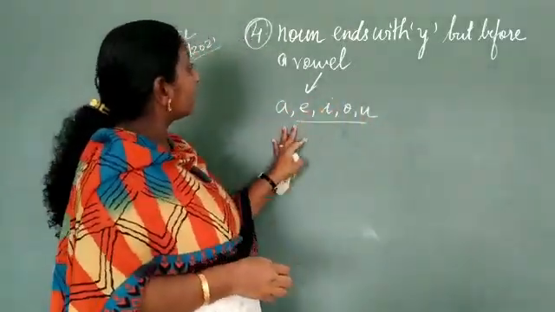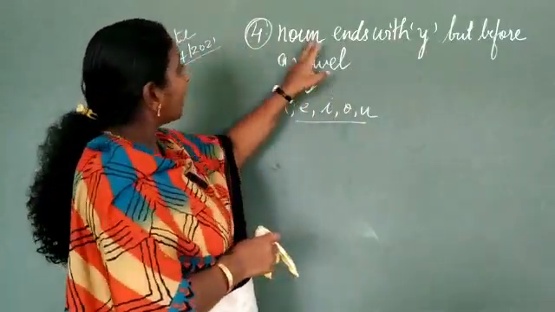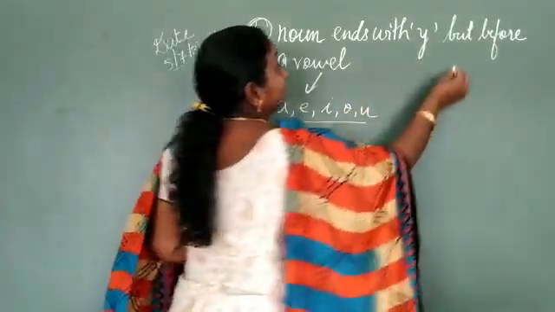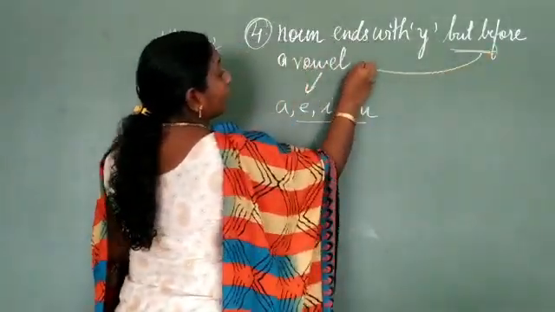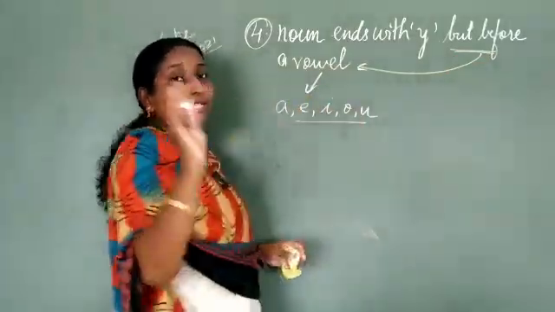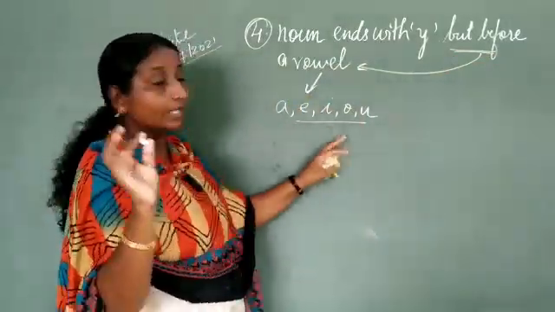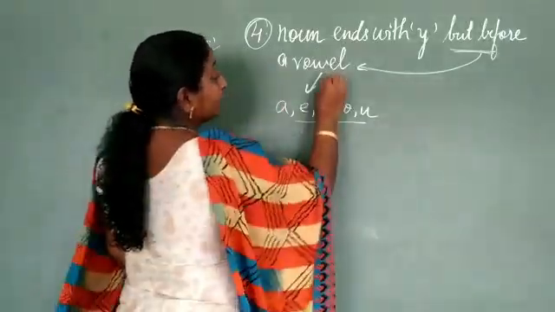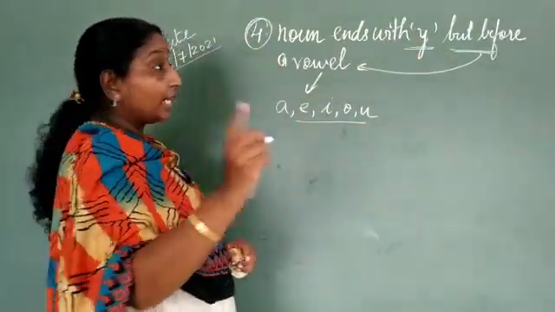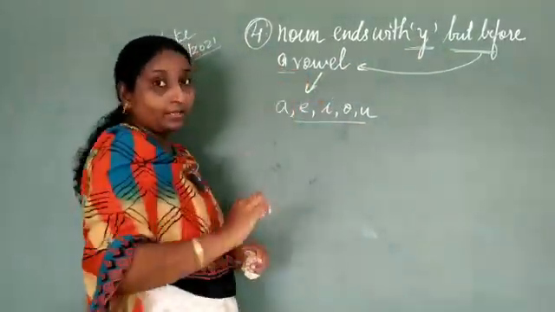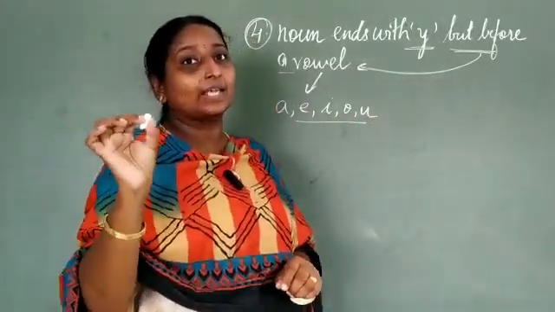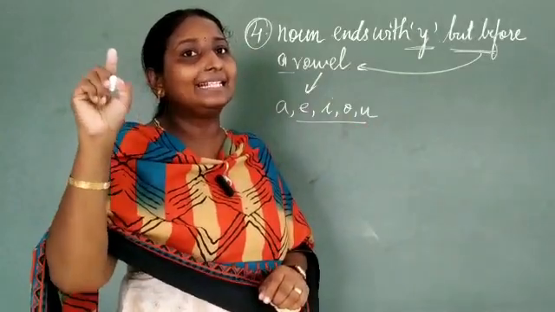A-E-I-O-U, five vowels are there in English. So here, suppose a noun ends with Y, but the Y comes after a vowel, then what will you add there, children? Only S. Okay, you will not add I-E-S.